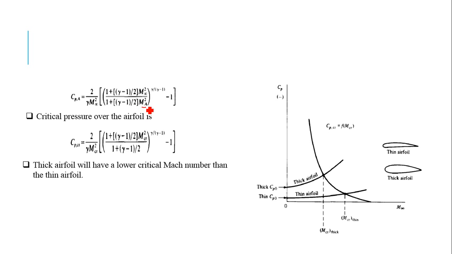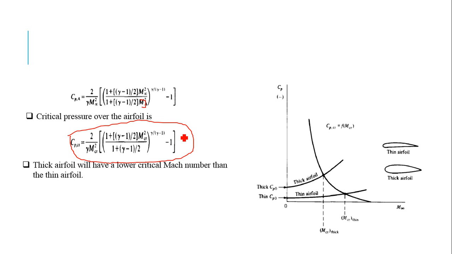That means substituting MA equal to 1, we get the critical coefficient of pressure. That is CPCR equal to 2 divided by gamma M critical square, into [(1 plus (gamma minus 1) divided by 2 into M CR square) divided by (1 plus (gamma minus 1) divided by 2)] to the power gamma by gamma minus 1, minus 1.